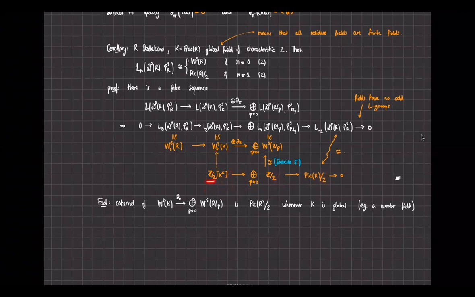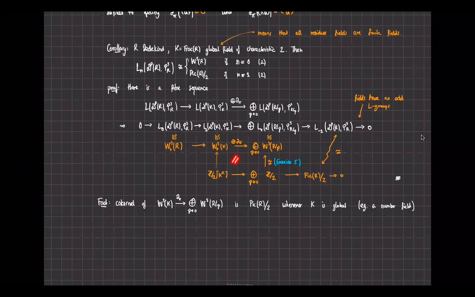What we obtain is the free Z mod 2 vector space on K cross mapping to the free Z mod 2 vector space on the non-zero primes, and then the quotient will be the Picard group mod 2. Okay, so it suffices to prove that this diagram commutes and this map is surjective, and this map is an isomorphism, which we've already classified.